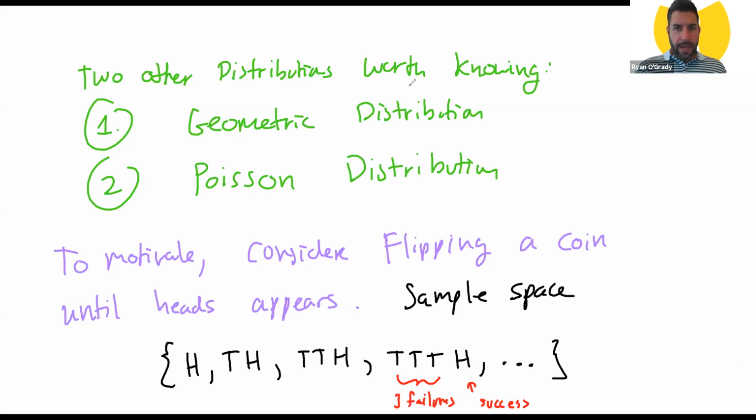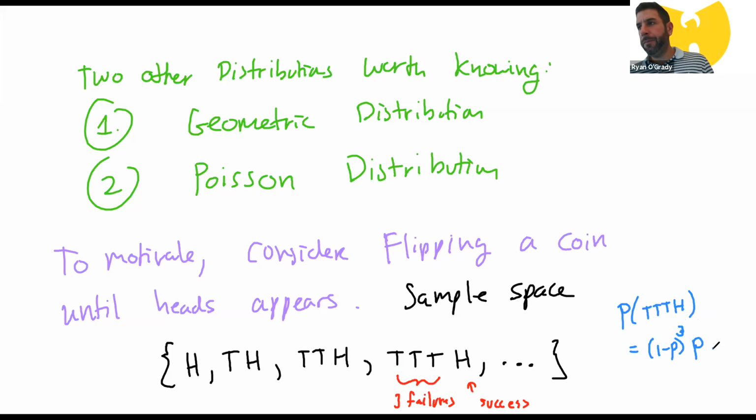So the probability of this occurring would be 1 minus P to the third power, because there are 3 failures, and then times P, because that's the probability of success.